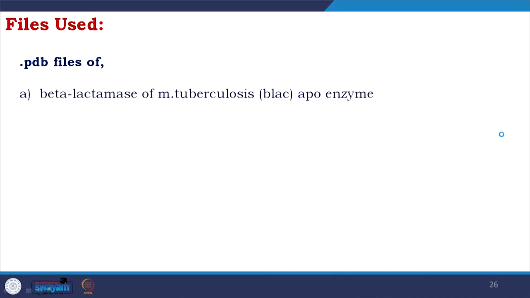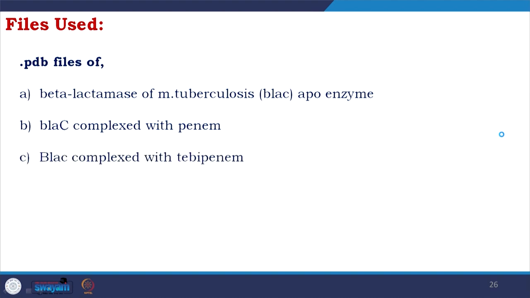So, to do that, I take the PDB files of beta-lactamase from tuberculosis, the APO enzyme, like the enzyme where no substrate is there. Then BlaC complexed with the penem, I talked about the compound that rearranges and makes a 7-membered ring. So, we will see that.